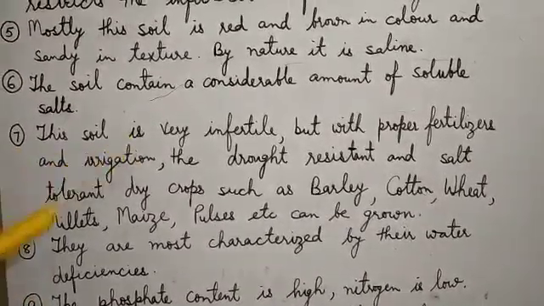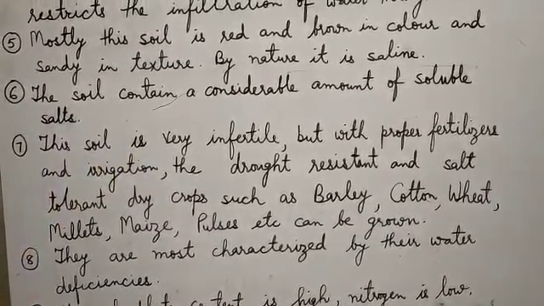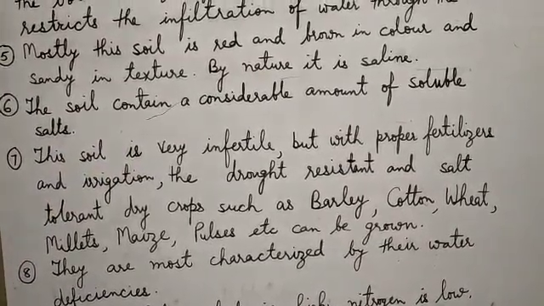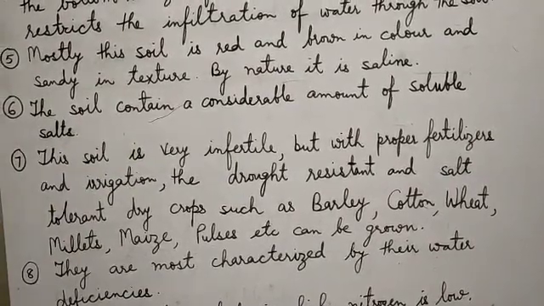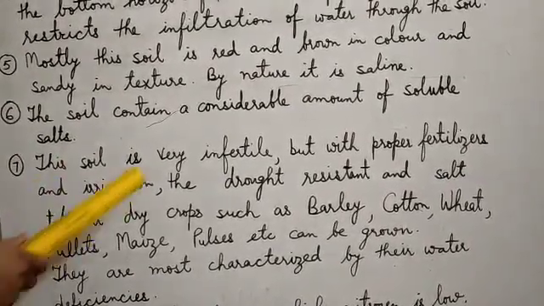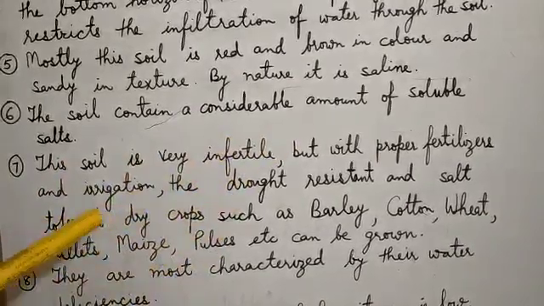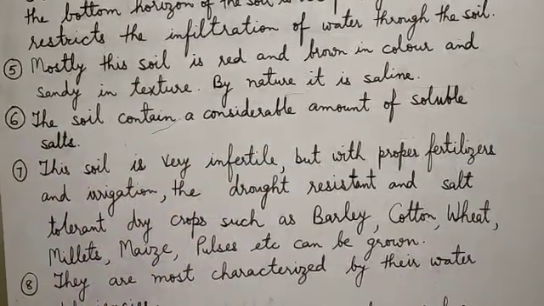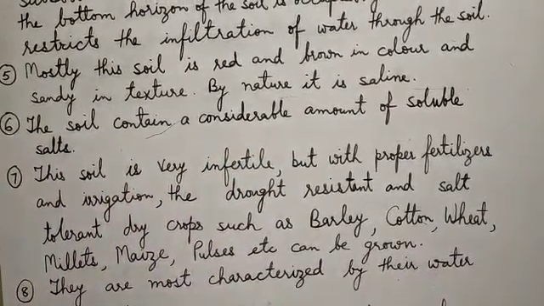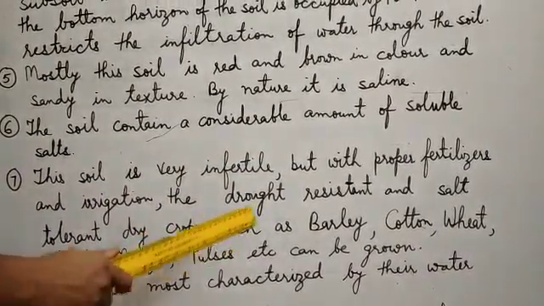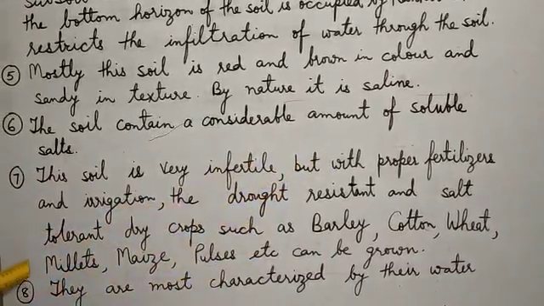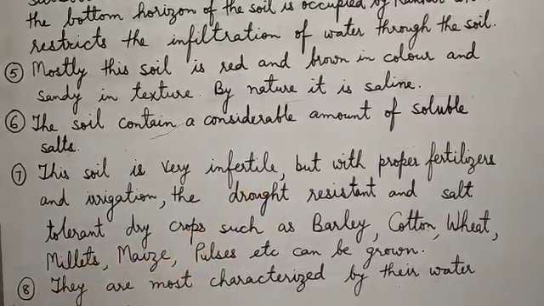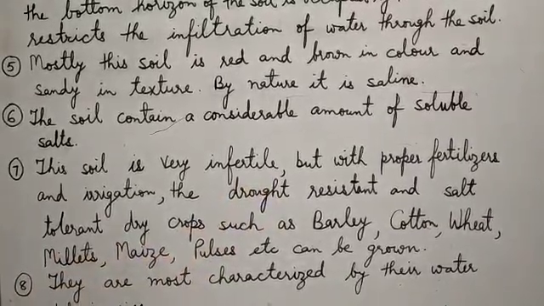This soil is very infertile, but if we provide proper fertilizers and irrigation facilities to this soil, drought resistant and salt tolerant plants, which can grow in dry conditions, like barley, cotton, wheat, millets, maize, pulses, etc., can be grown, as happens in western Rajasthan.